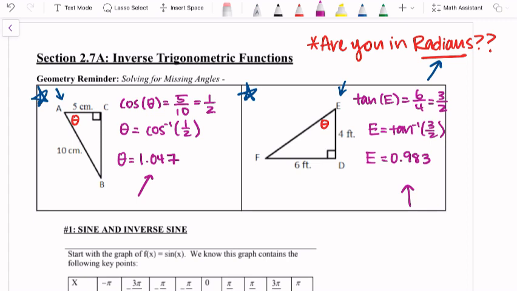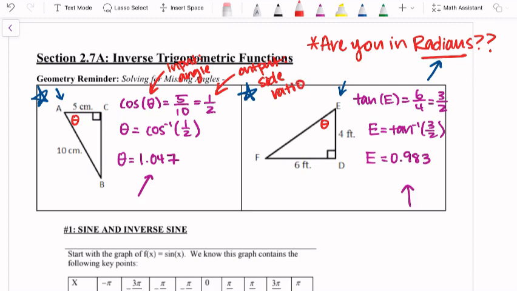So kind of thinking back to what we know so far, we've always seen the input into a trig function as an angle, and we output a side ratio, right? So input, angle, output, side ratio.